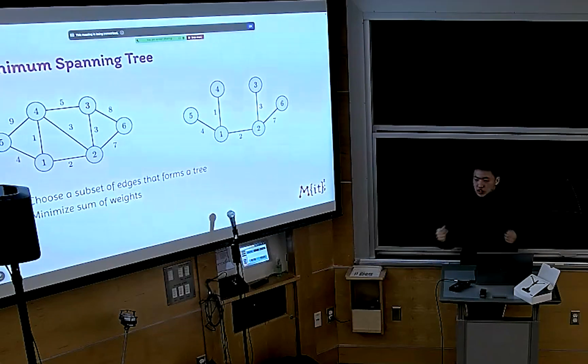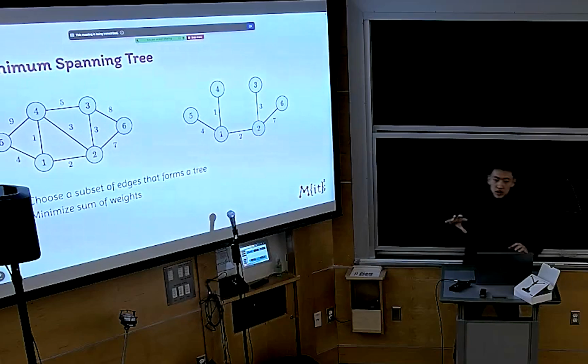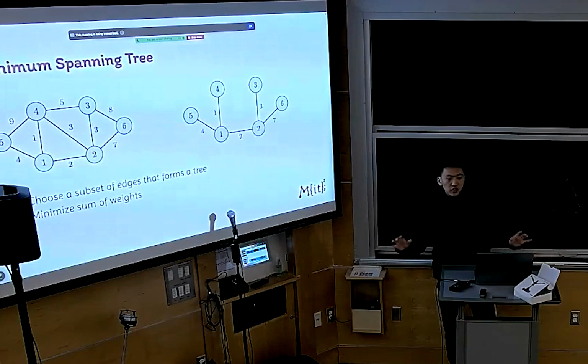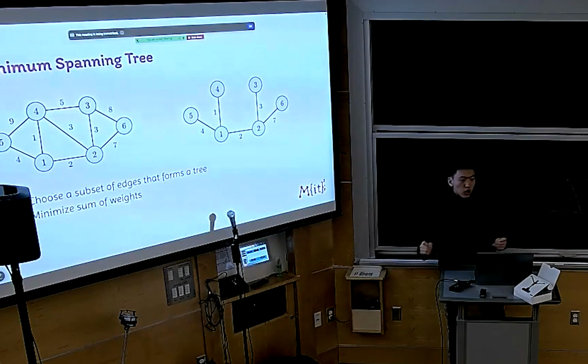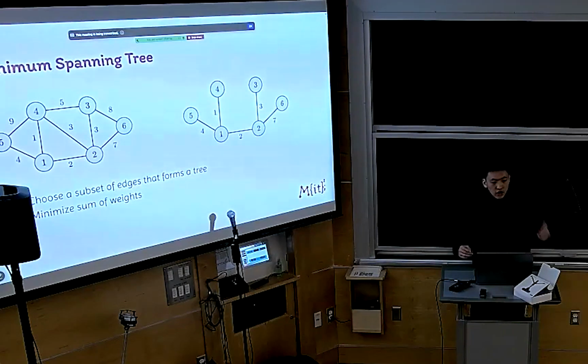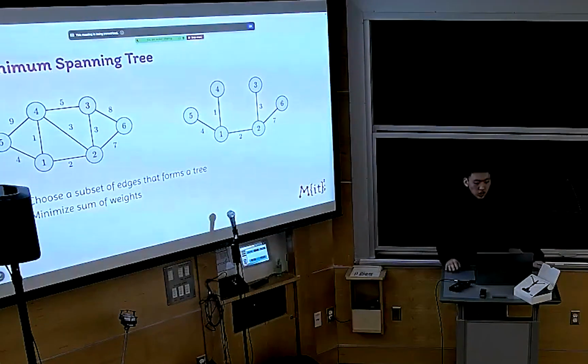So potentially, let's say you have a bunch of teams. Originally you haven't taken any edges, so you have n different teams, and now you want to somehow merge these teams in such a way that you never merge a component with itself, and you want the minimum total cost of all possible merges.